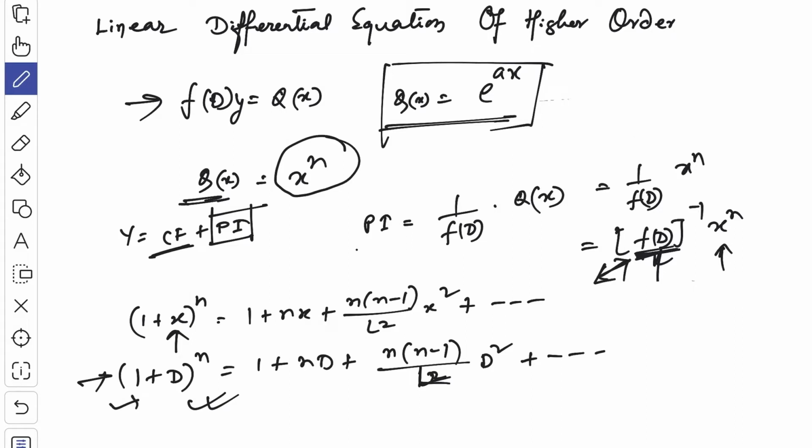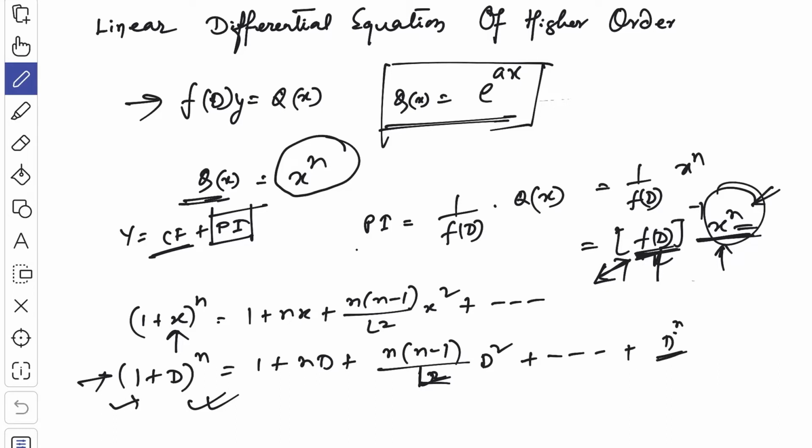We are going to take only those terms up to which the power of D is equal to the power of x, that is n, or less than this. If the power on x is n, then we take only those terms where the power on D is at most n.